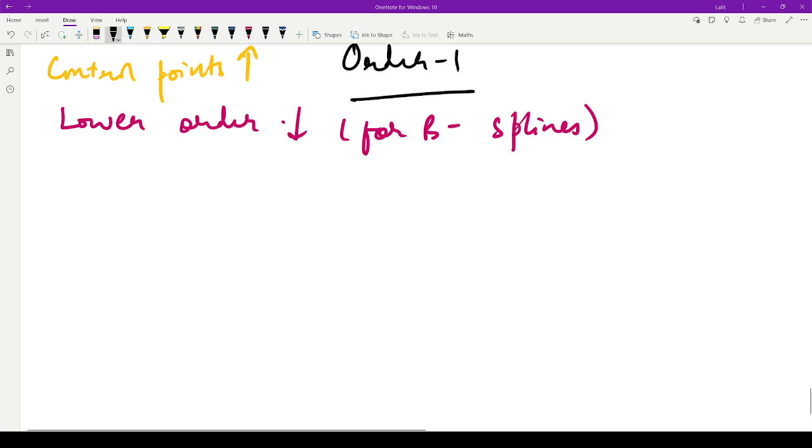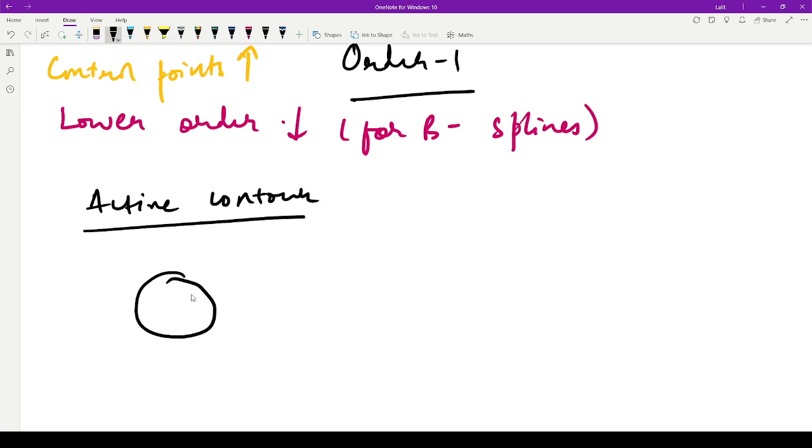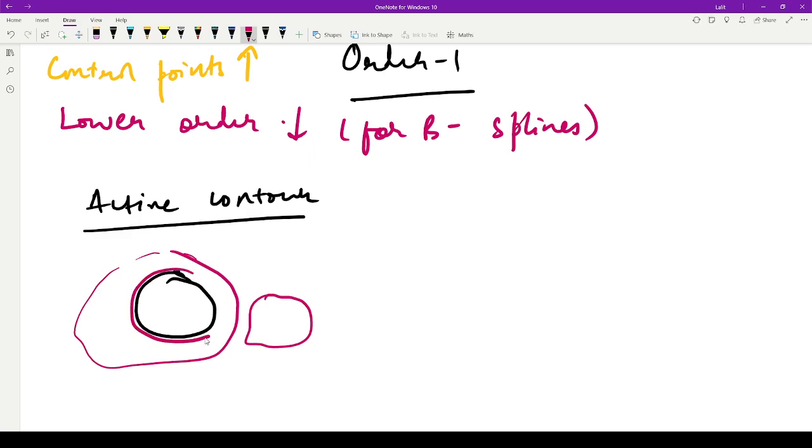But just to give you a small idea, I gave that rubber band example, in the sense that you want to detect where the object is. So this is the object, and if you place a rubber band like this and leave it, that rubber band will stick to the object.